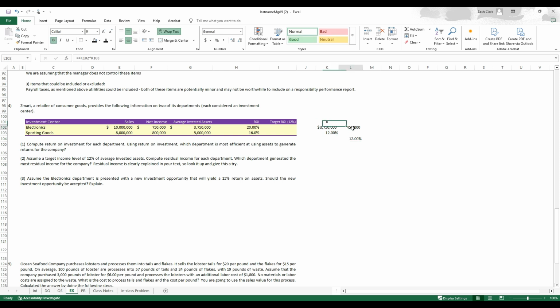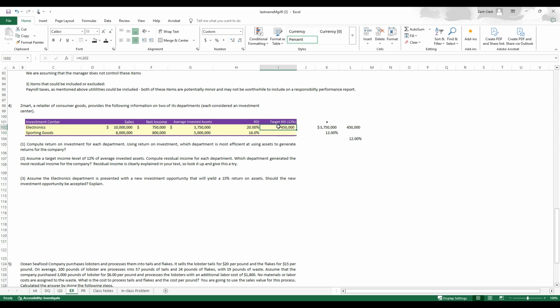Yeah, okay, that makes sense. So to figure that out, you just take the average invested assets times the target ROI, as opposed to the first calculation directly of ROI, which is net income divided by average invested assets. So not rocket science, but it does take some thinking to get through that.